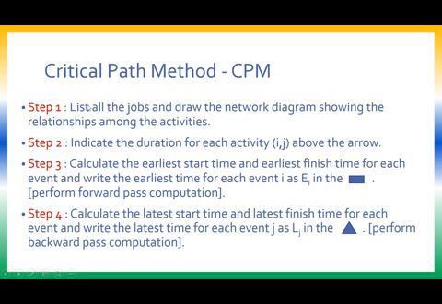So step one is to list all the jobs or the activities or the tasks, whatever you want to call it, and draw the network diagram showing the relationships among the activities. So the first step is to draw the network diagram from the given data. Then step 2, indicate the duration of each activity ij above the arrow.